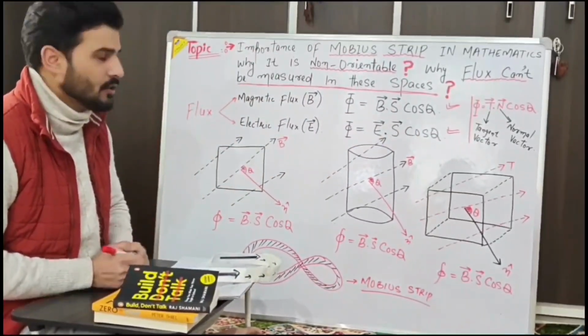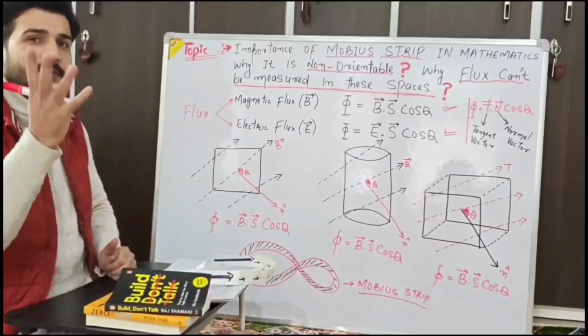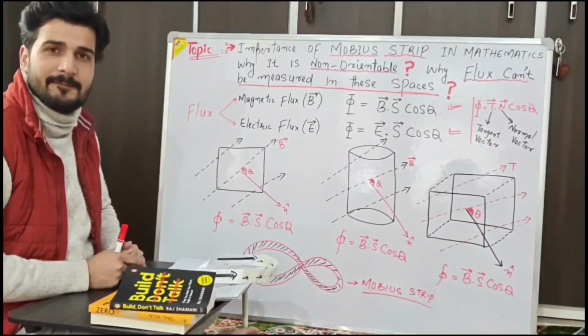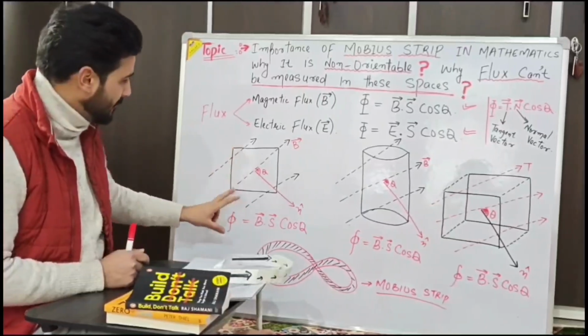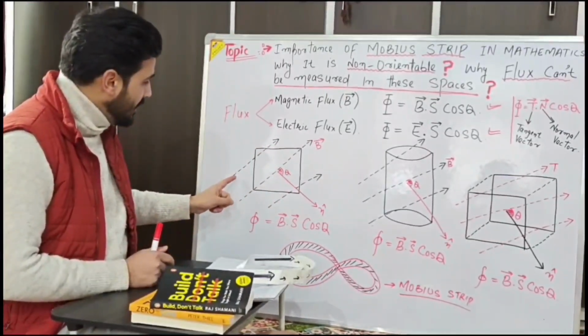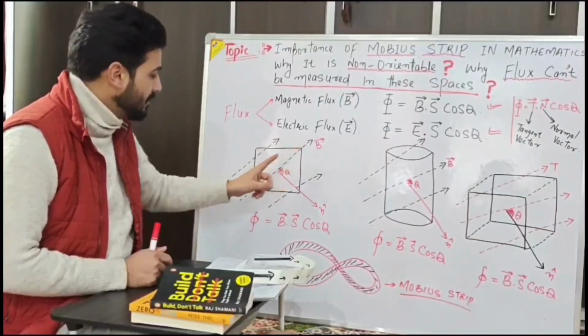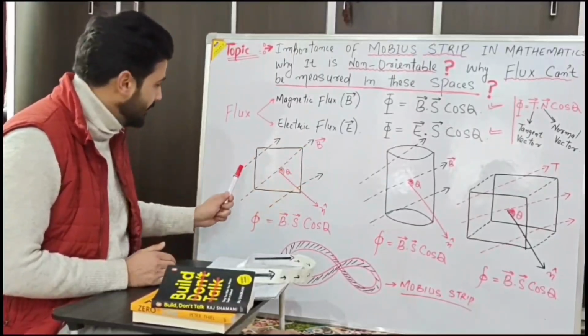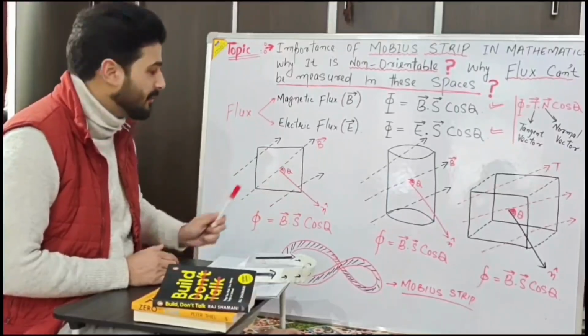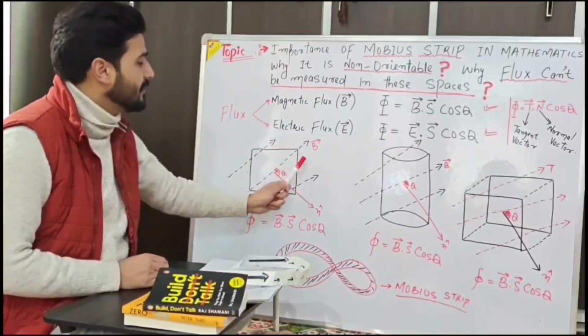So let us suppose that we take the first surface. This is the first surface, a geometrical object. And the lines of force pass tangentially to this surface. Let's suppose that these are magnetic lines of force.